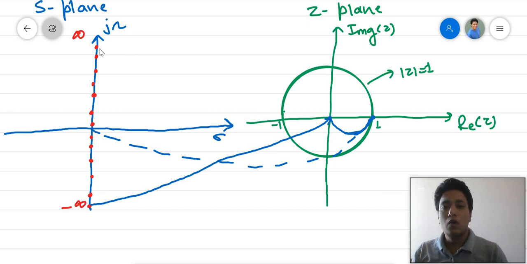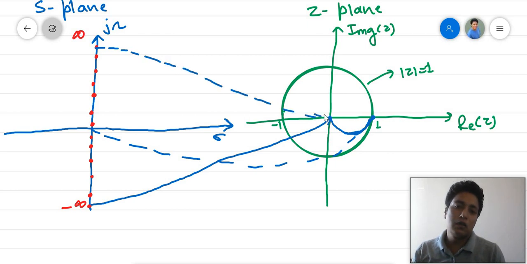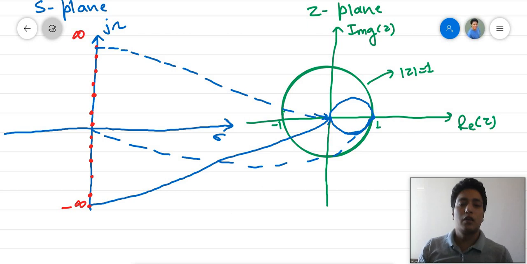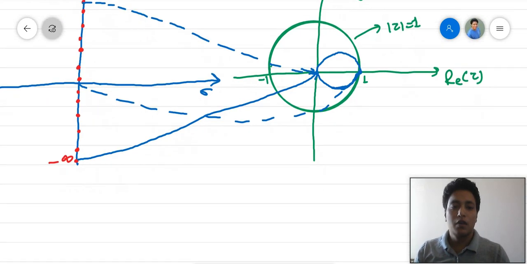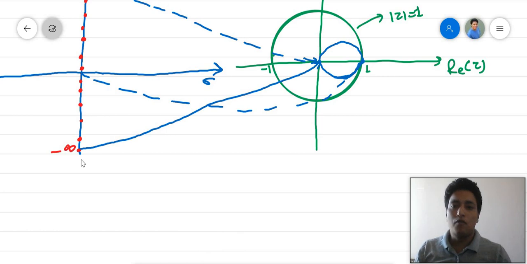Now infinity is also mapped to 0. That means this mapping starts like this and goes to 0 again. So the mapping of all frequencies from minus infinity to plus infinity is mapped at the circumference of this circle with diameter 1. So its radius is 1 by 2, and the center point is 1 by 2.